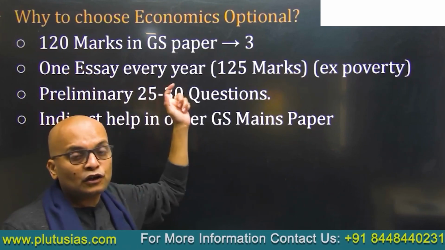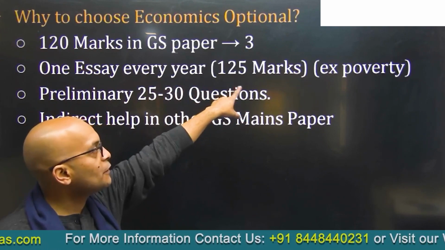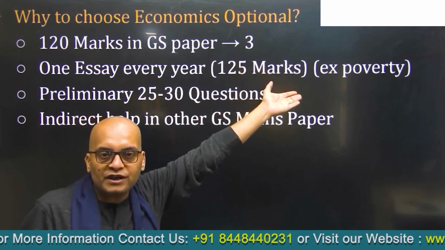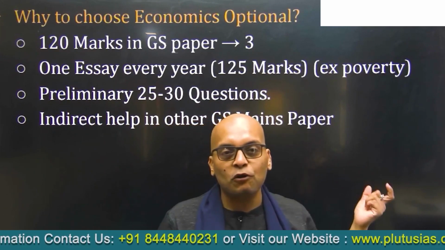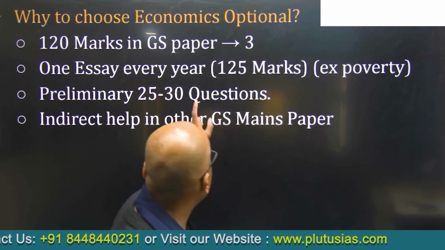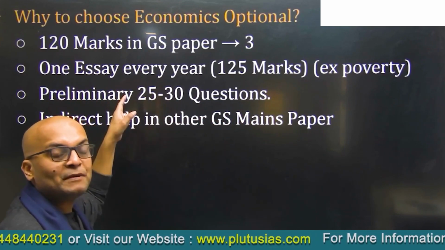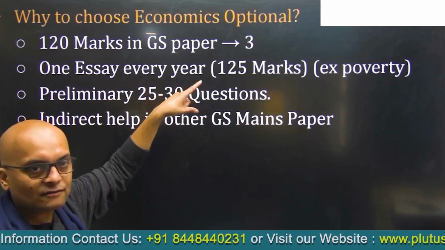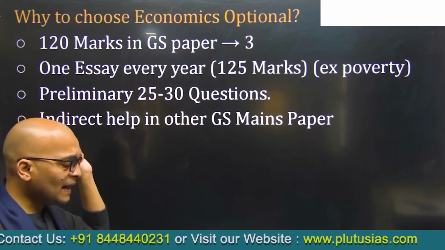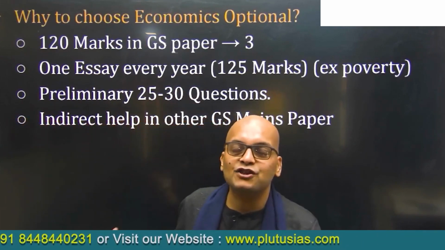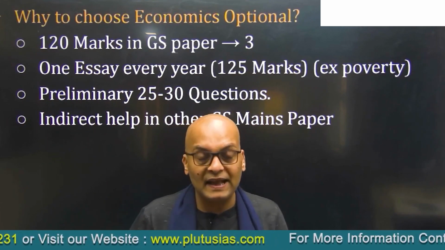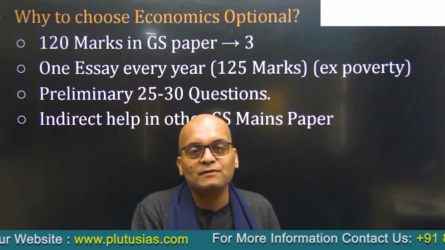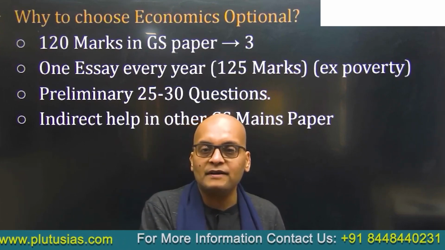Then every year you get one essay of 120 marks, for example, poverty, which is a topic of economics. So again, it is helping you in prelims, in GS paper 3, plus one essay. And there is indirect help in other GS mains papers as well, for example if there is something regarding the agriculture sector or the industrial sector.